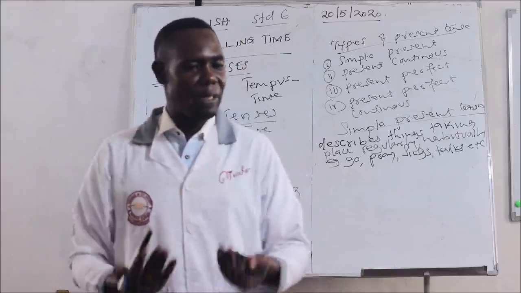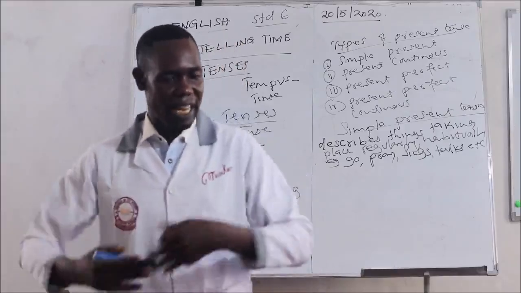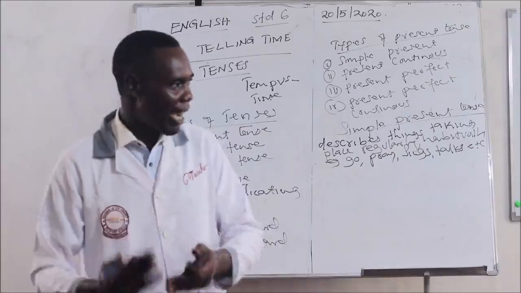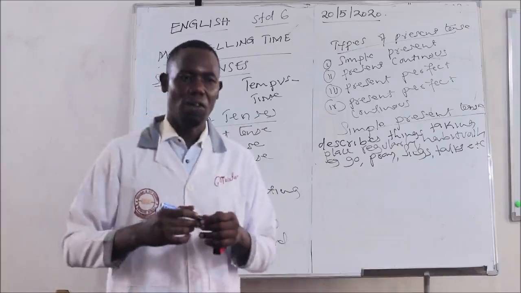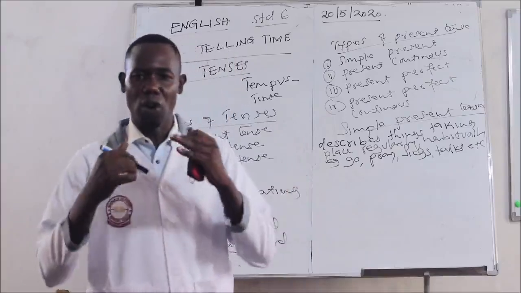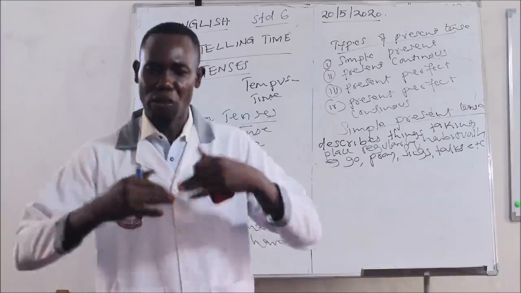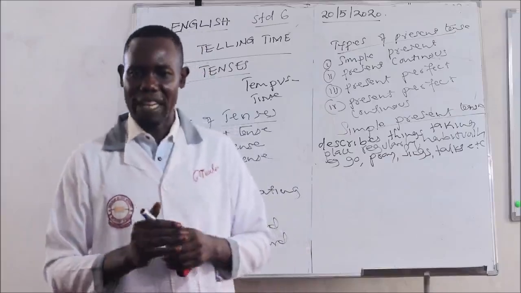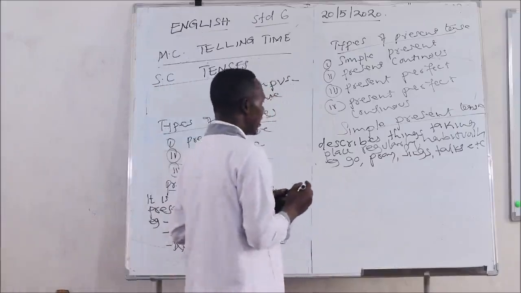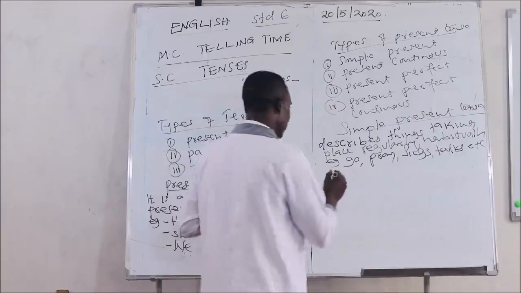You cannot just wake up, somebody tells you, go to school, yet you don't know the way to school. Even in English, for us to understand the structure of constructing a sentence, we must make sure that we know the formula. We must know the way to come up with that sentence. And that one is what now leads us to the structure of a simple present tense.